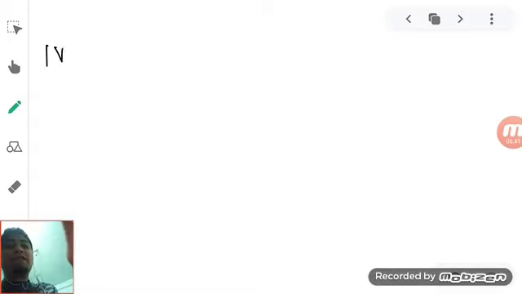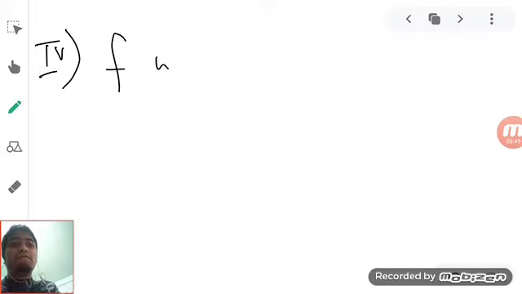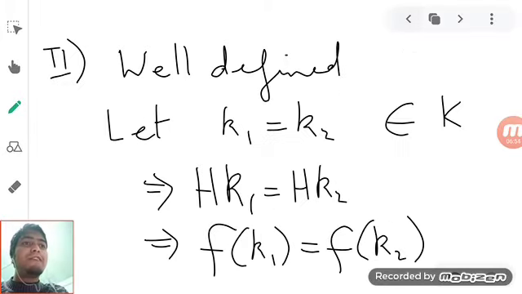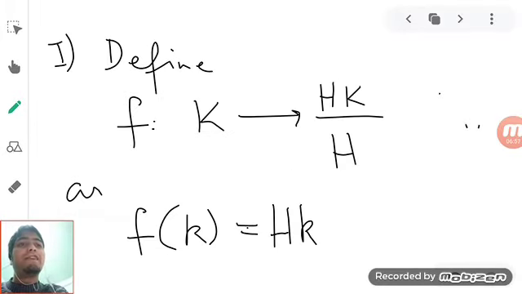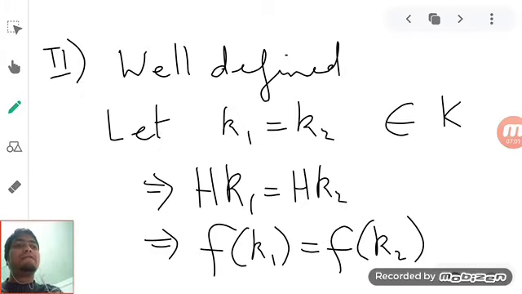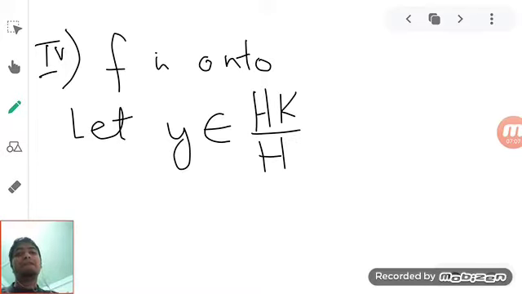The fourth thing that we need to do is show that f is onto. If we need to show that it is onto, we first have to take an element of the second set. The second set over here is HK over H. Let y belong to HK over H. We need to find an element which is a pre-image of y.